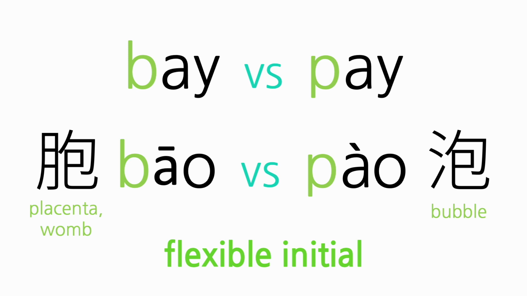You may find that the initial sound is flexible. The initial sound is what is movable, whereas a stem may be more consistent.